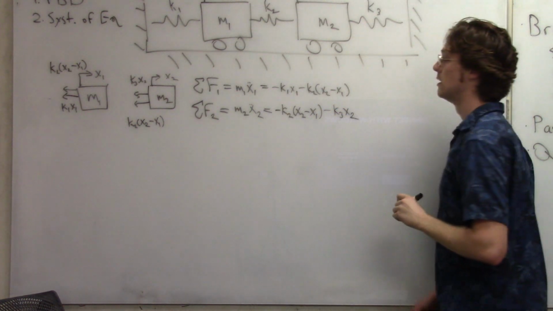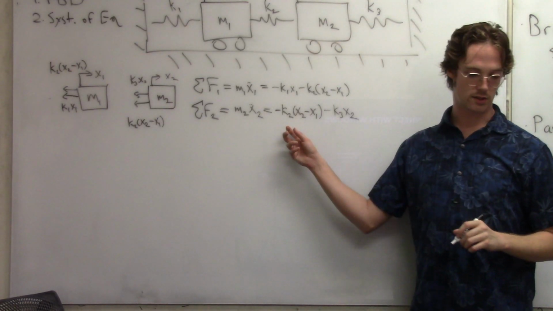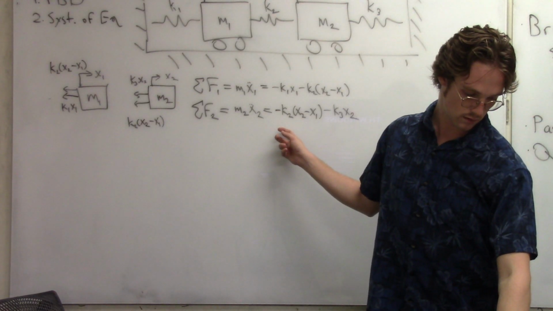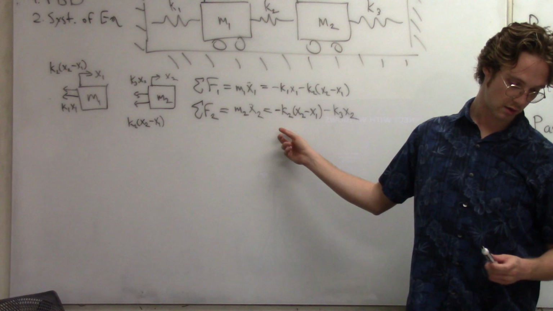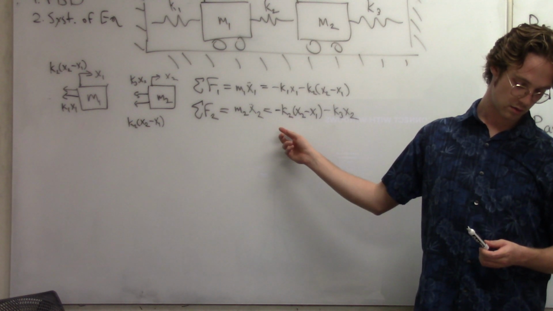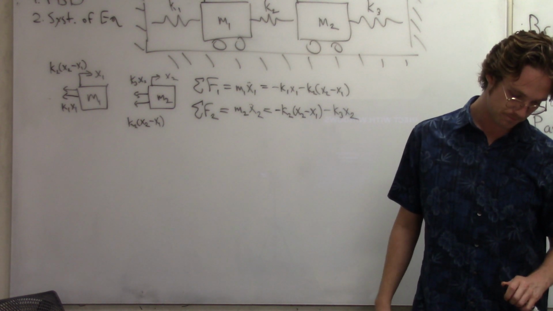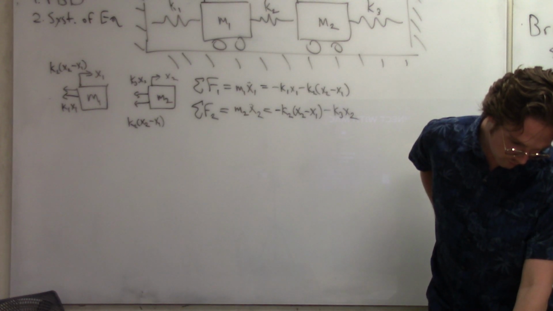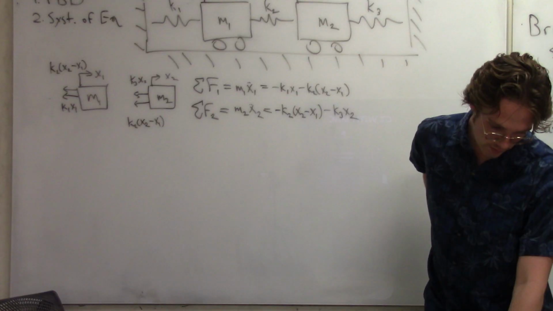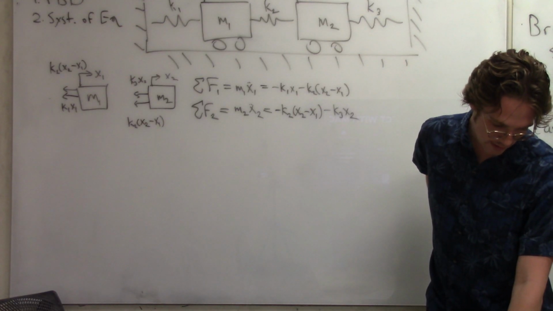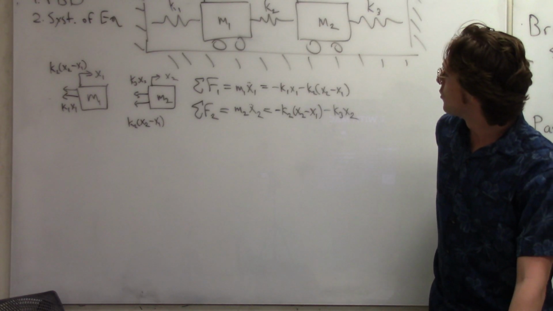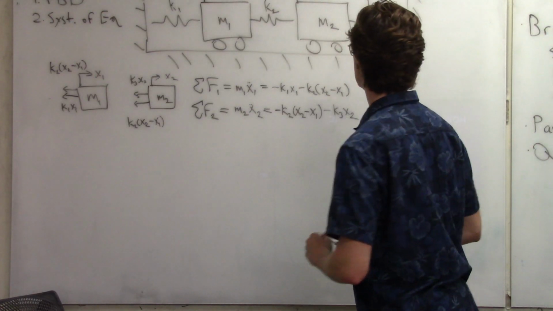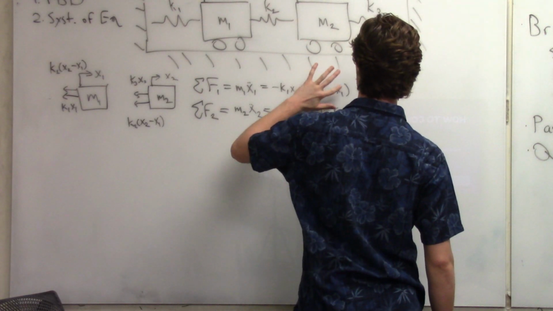All right, so now we have a system of equations for our system here. What I'm going to do is instead rewrite these as x1 minus x2.